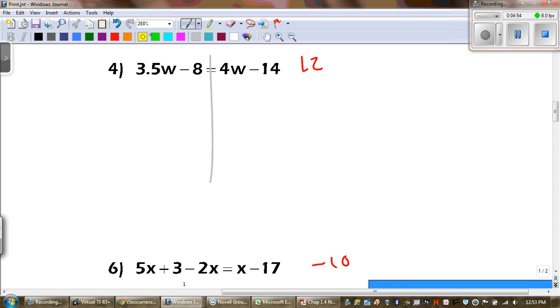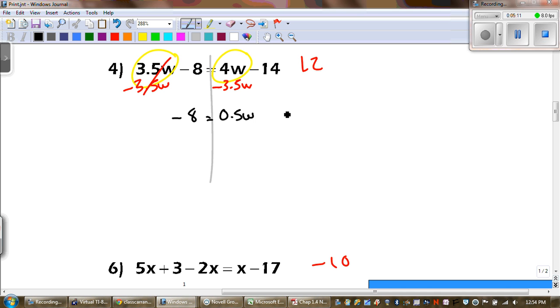Okay, so let's look at our variables. Which one is smaller? Okay, so I'm going to subtract the smaller one. And we're left with negative 8 equals 0.5w minus 14.